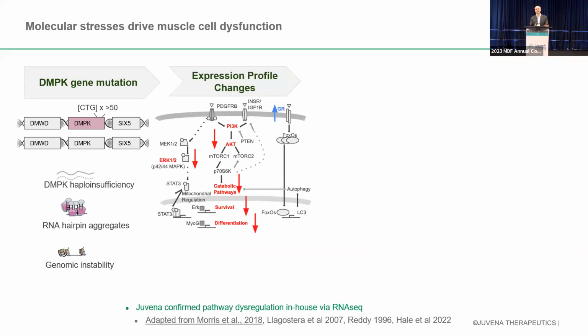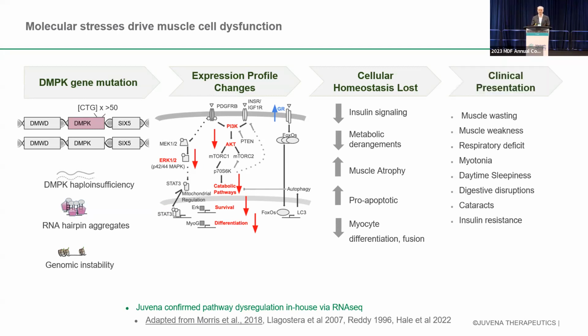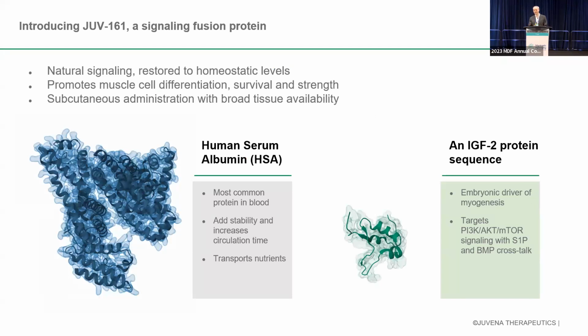I just want to set up one particular point, as noted by Dr. Berglund and eloquently by Dr. Johnson before him, about the key changes in how cells respond when facing the stressors driven by the genetic mutation that produces the toxic RNA, particularly how muscle cells respond, with changes in their ability to execute on their core program of surviving, differentiating, and forming new muscle fibers, and taking up and utilizing energy to produce functional muscle contraction and relaxation properties that present clinically, as Dr. Johnson outlined more eloquently than I could here.